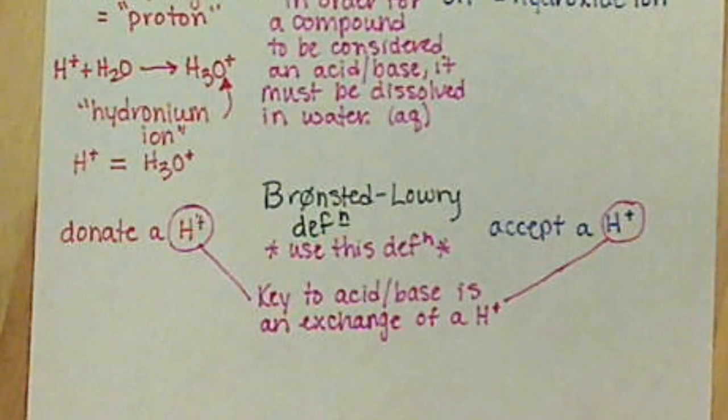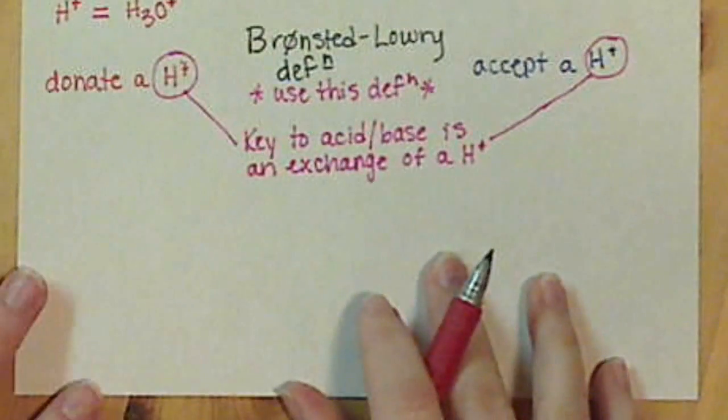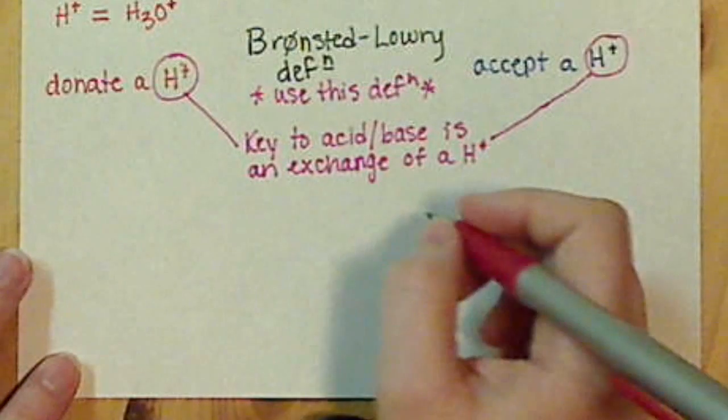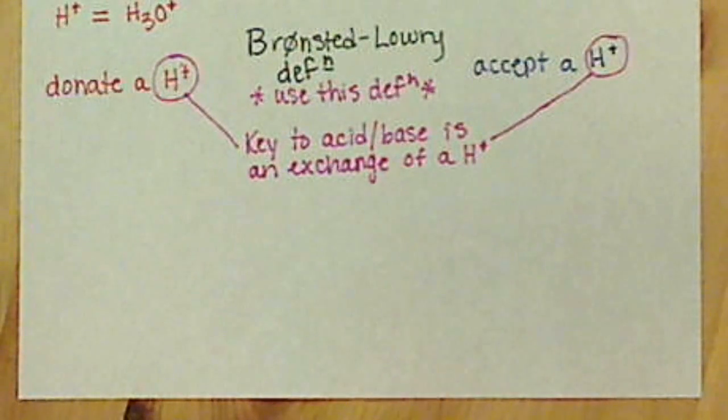So let's talk about now a different type of term for our acids and bases. One term is our conjugate base.